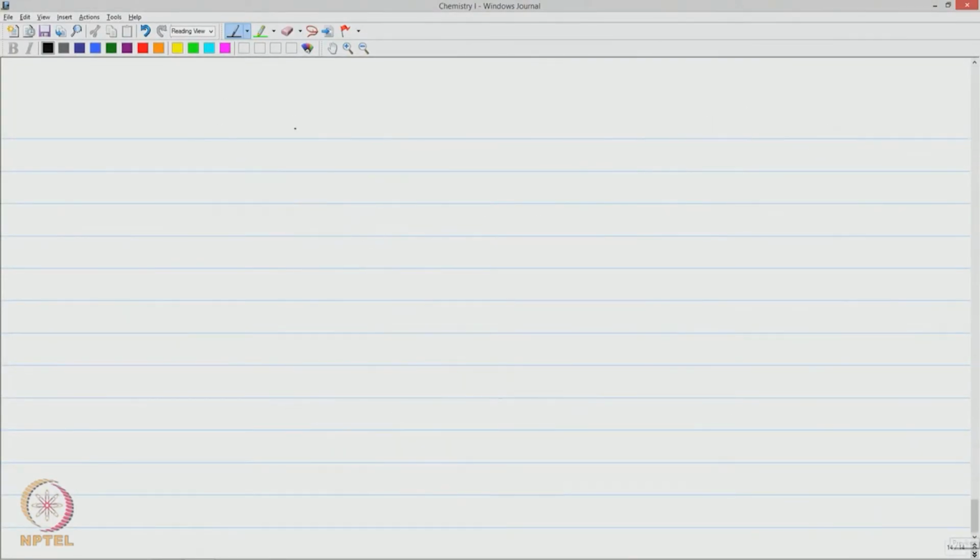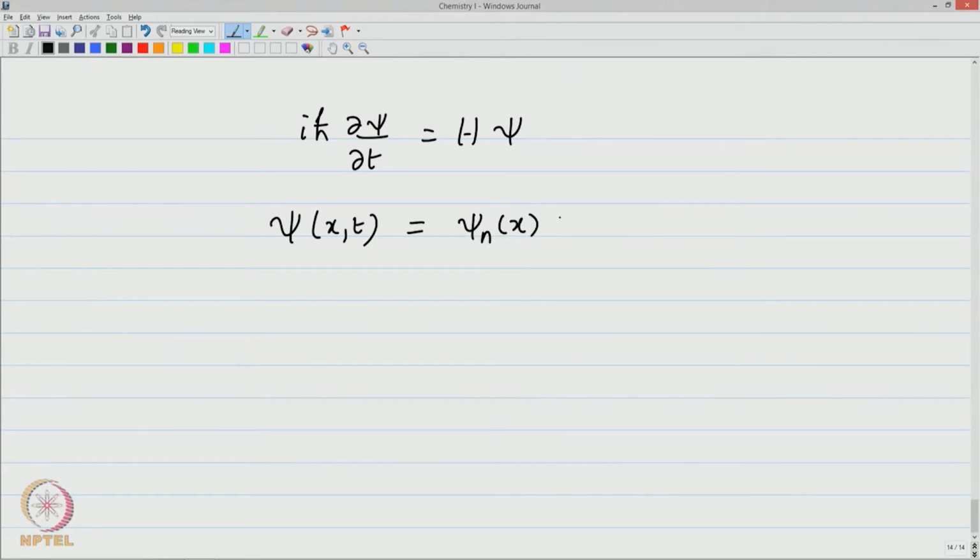If I have to solve i h bar dou psi by dou t is equal to H psi for the particle in a box, then all I need to do is write psi of x comma t, which we did because the wave function is a function of both the coordinates and time, as psi n of x, the particle in a box eigenfunctions, times the time only function, where psi n of x is obviously the solution of the Hamiltonian, H psi n of x is equal to E n psi n of x.